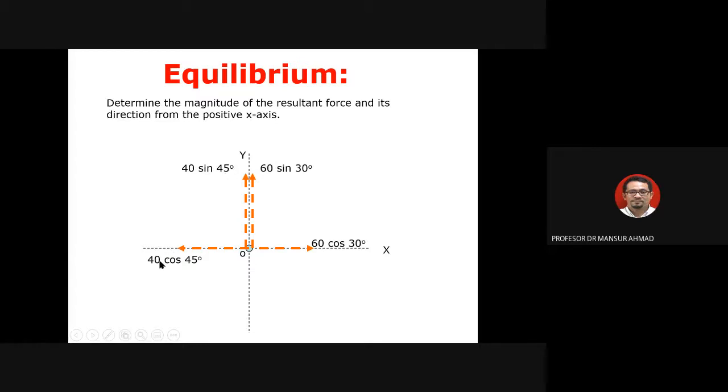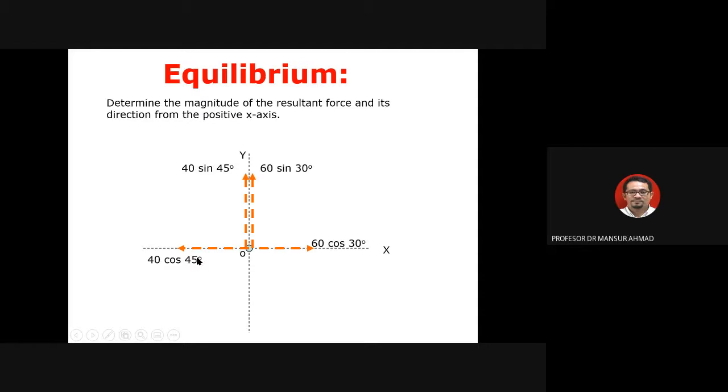And over here, when you resolve this into x direction, this is 40 cosine 45, or 40 sine 45. So if you calculate this using your calculator now, you can use the calculator now. Sine 45 is 0.7071, I think. Same answer as cosine 45.